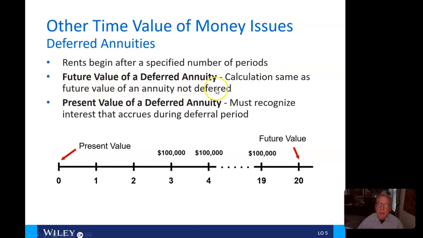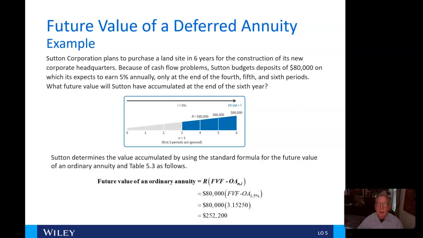Future value of the deferred annuity: the calculation is the same as the future value of an annuity not deferred. The present value of a deferred annuity then must recognize the interest that accrues during the deferral period. So here's the present value, here's the deferral period, and then away we go with our money. So let's do an example.